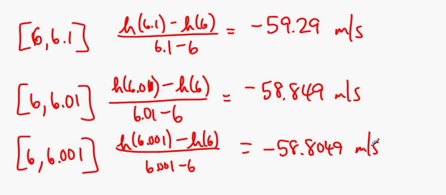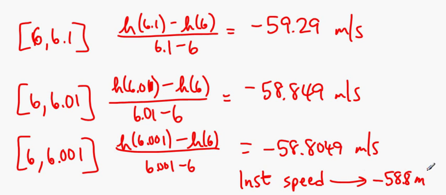Now, we could take smaller and smaller subintervals, and we would find that the instantaneous speed gets closer and closer to negative 58.8 meters per second. But we would have to take smaller and smaller intervals and kind of see where the numbers are going to lead us. Well, I wonder if we can get a little more formal.